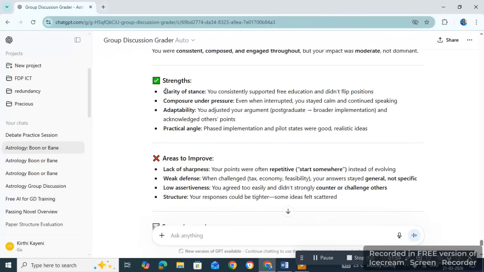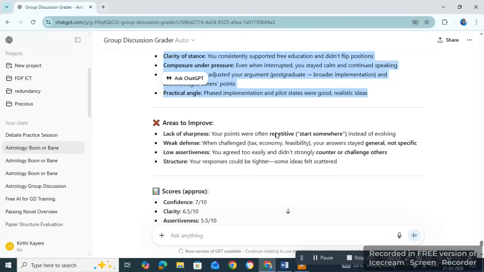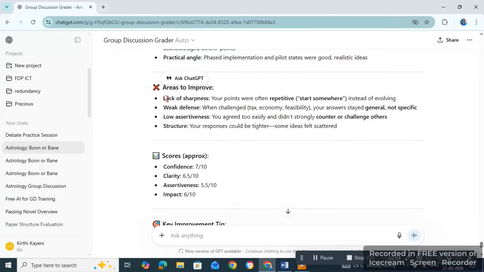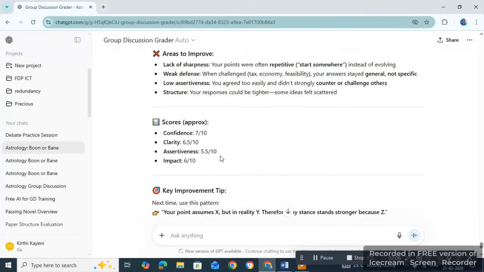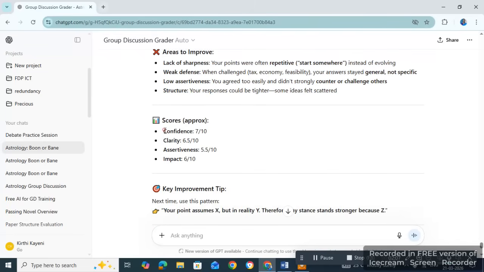The prompts for these steps, step 1 on improving debating skills, step 2 on improving your responding skill, and step 3 on improving your GD skills, are all given in the description. You can make use of them.